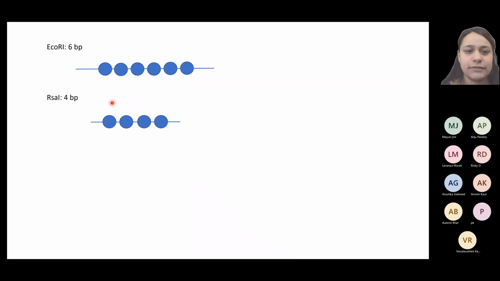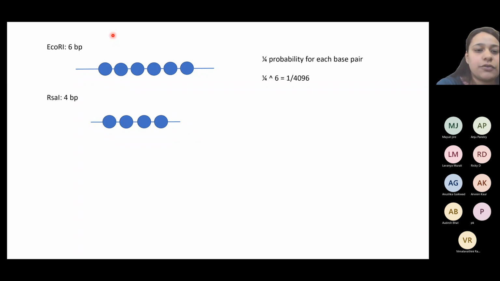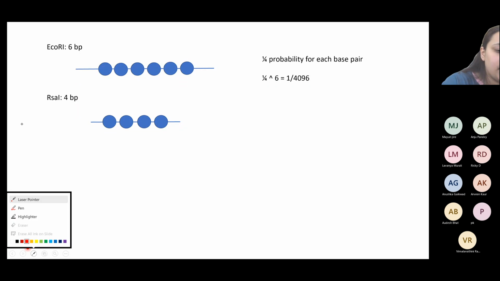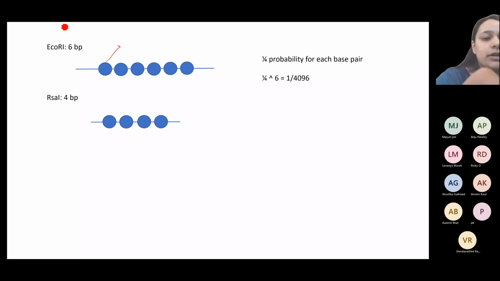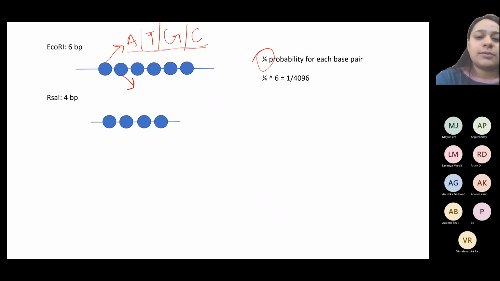For this, first let us see what the probability is for each base pair in EcoR1. This particular base pair could either be A or T or G or C, right? So for it to be any one of these, the probability is 1 by 4. Similarly, for the next base pair, the probability is again 1 by 4. The same is true for all 6 of them.